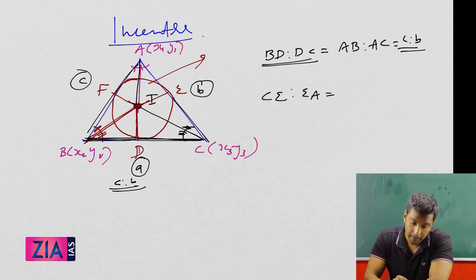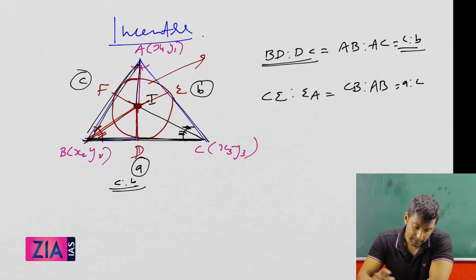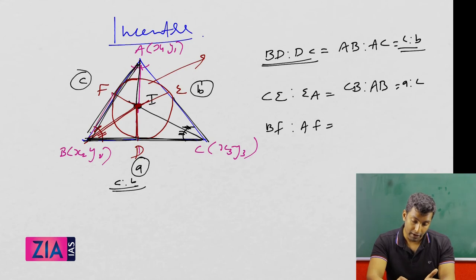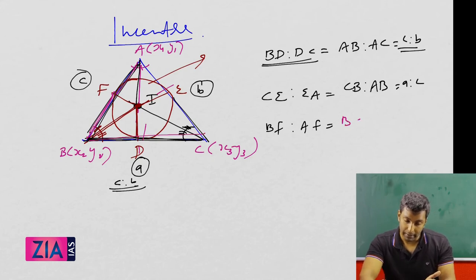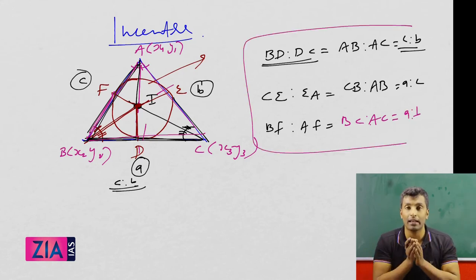This ratio is CB and the other side AB, so that will be CB is to AB, which equals A is to C. Similarly, if you take BF and AF, the remaining sides are BC and AC, so BF is to AF equals BC is to AC, which is equal to A is to B. This is a very important result that you can keep in mind.